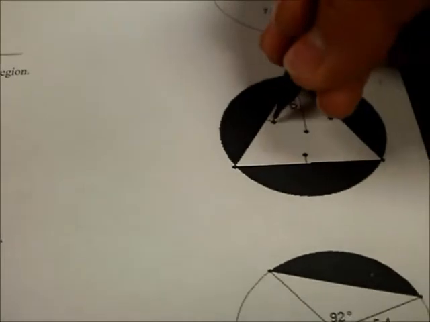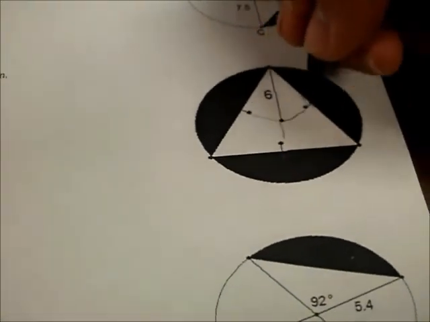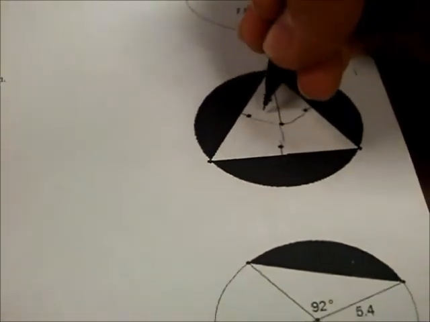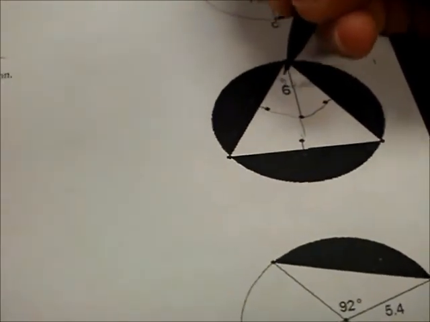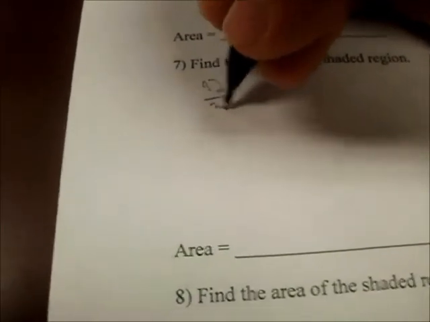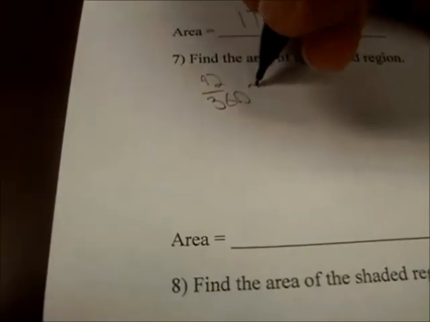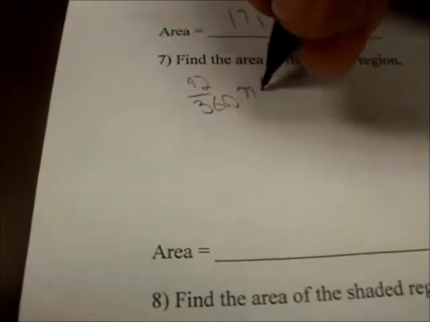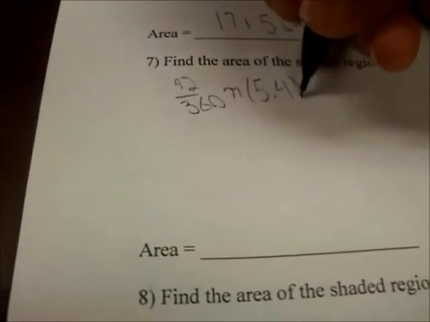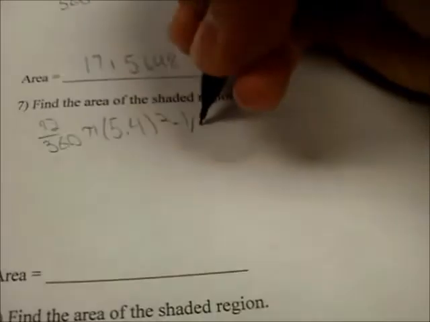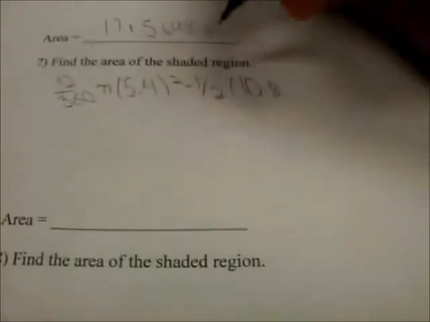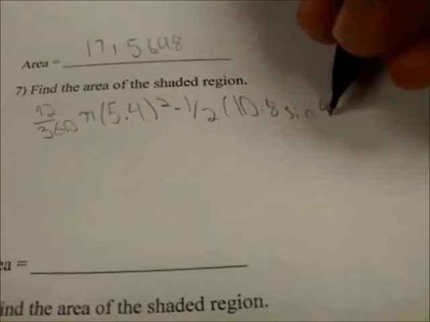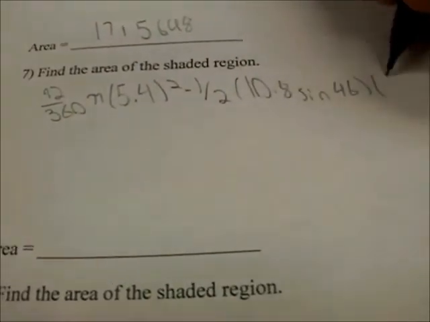So for question 8, we want to find the area of the shaded region, and we are given an almost rectangular shape inside a circle. So we want to find the circle again. So you get 92 over 360 times pi times 5.4 squared. Then you subtract that by 1/2 times 10.8 sine 46 times 5.4 cosine 46.